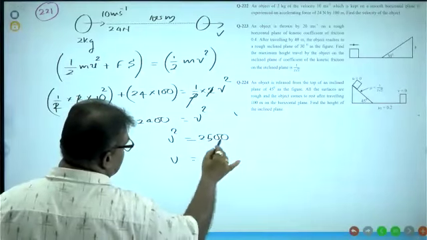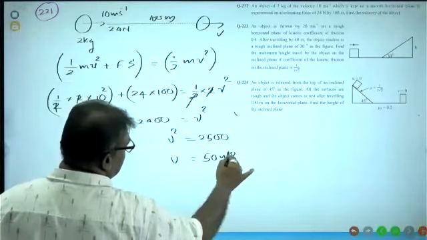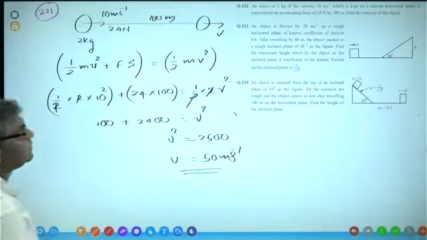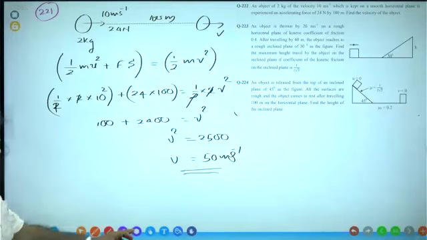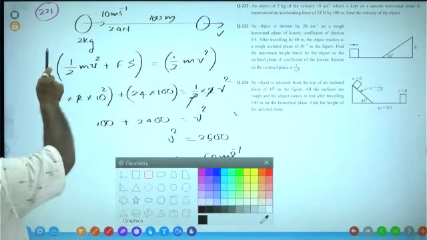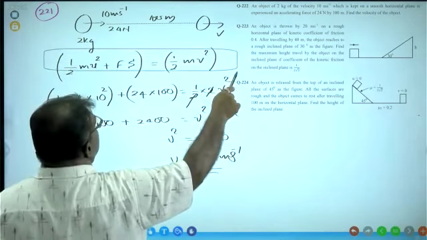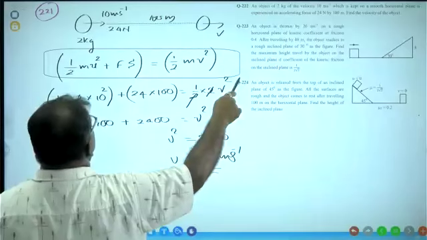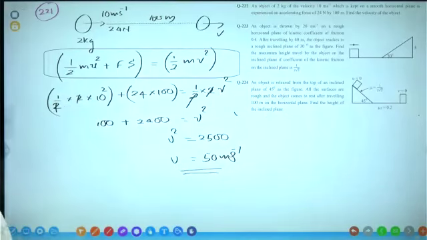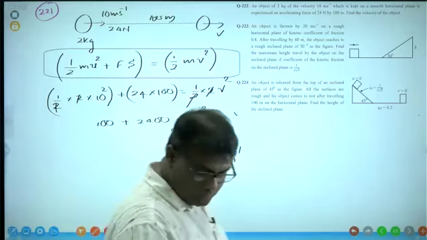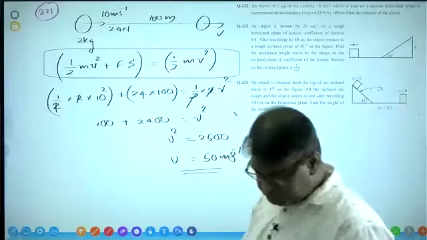Then v becomes 50 ms minus 1. Clear? Right. This is called the use of energy conservation, the application of mechanical energy conservation. If you finish that, start 223.